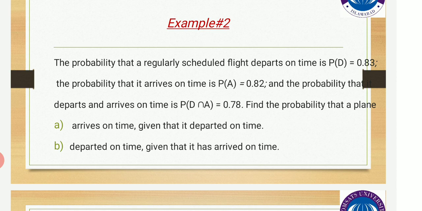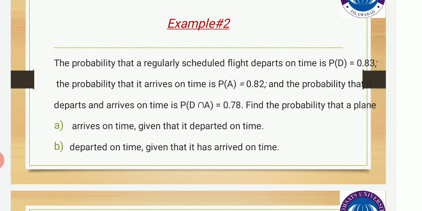Find the probability that a plane, part number A, arrives on time given that it departed on time. Part number B, departed on time given that it has arrived on time.